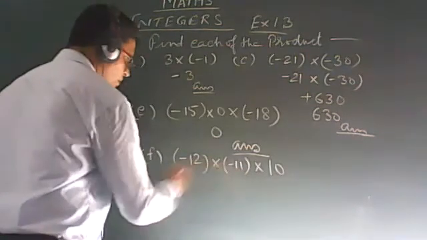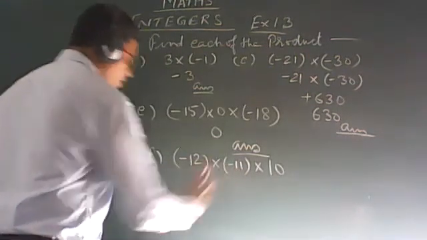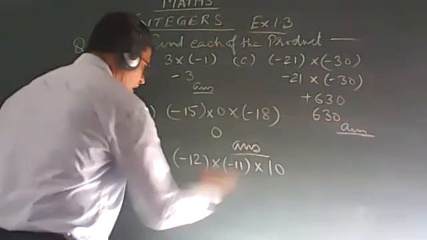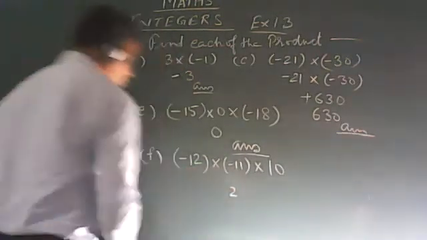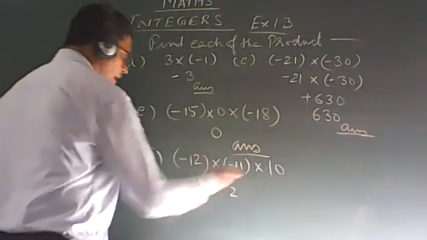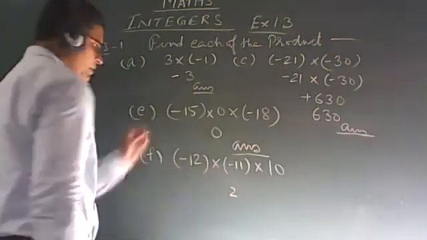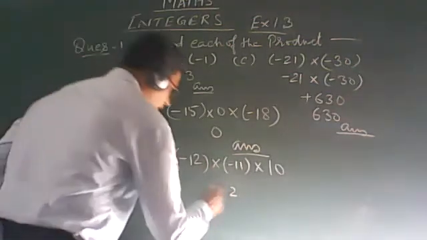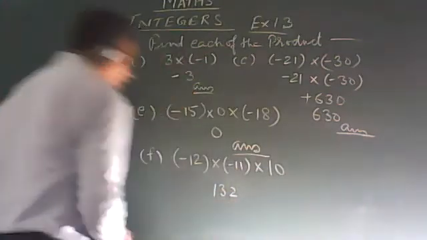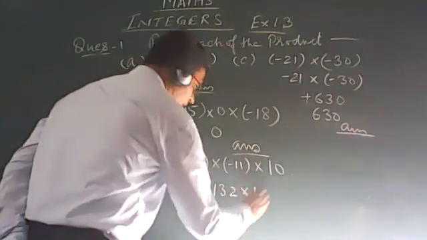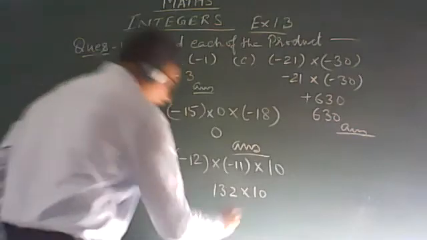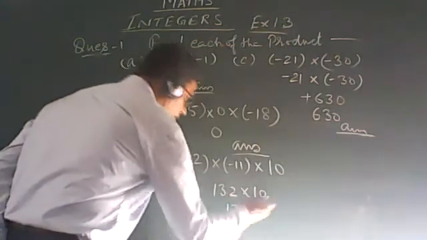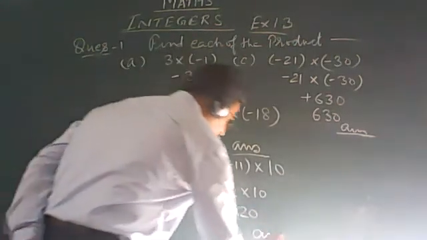First we multiply the sign: minus minus is plus. 11 twos are 22, write 2 and carry 2, and 11 ones are 11, 11 plus 2 is 13. It comes 132, and multiply by 10. The multiple of 10 is very easy, we write the 0 here, and that is our answer.